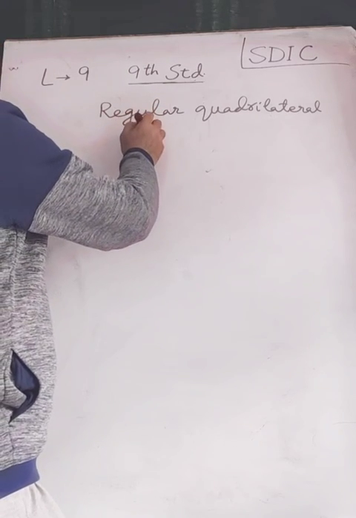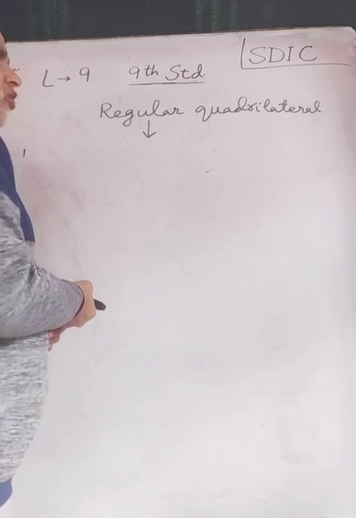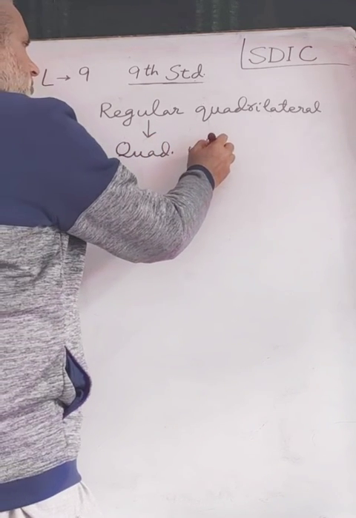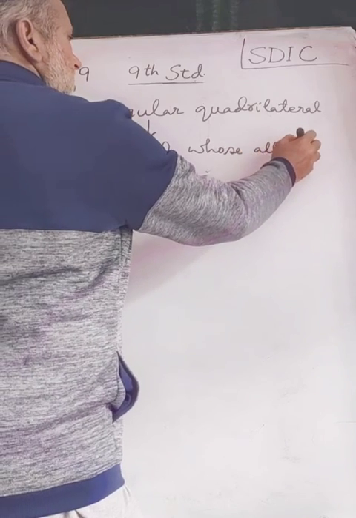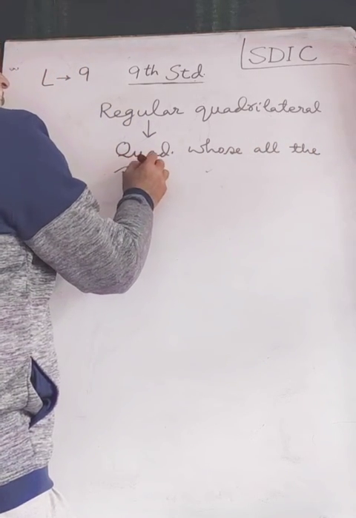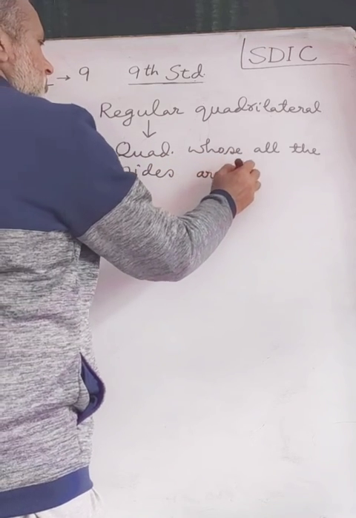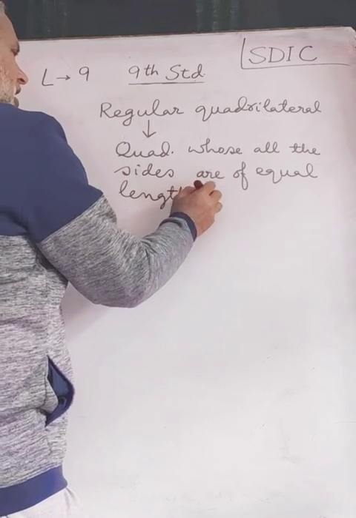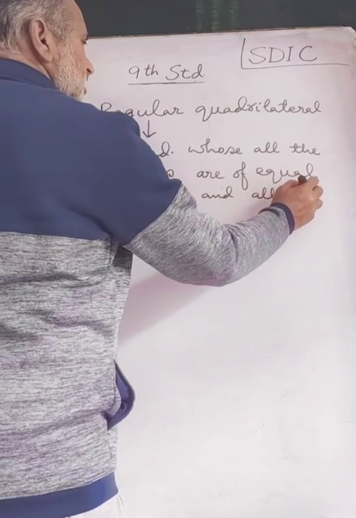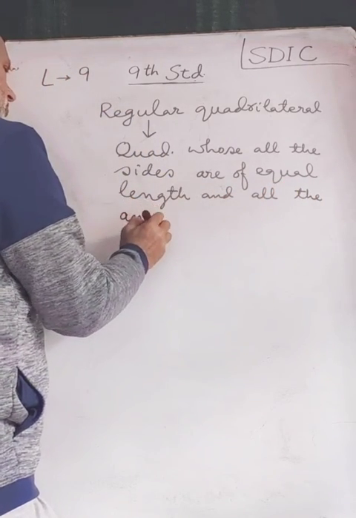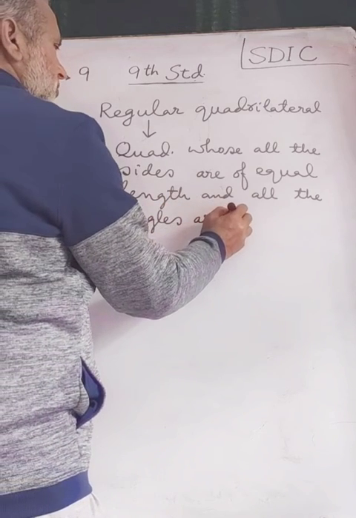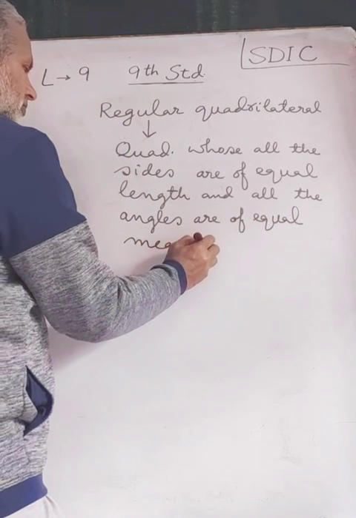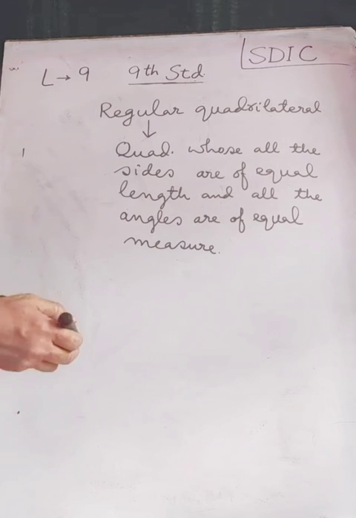By regular quadrilateral, in general a regular polygon, here it is a regular quadrilateral, we mean a quadrilateral whose all the sides are of equal length and all the angles are of equal measure. Angles are of equal measure. Sides are of equal length.